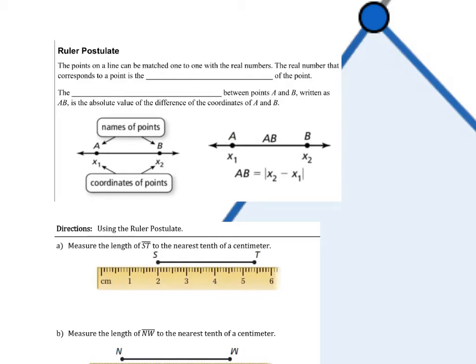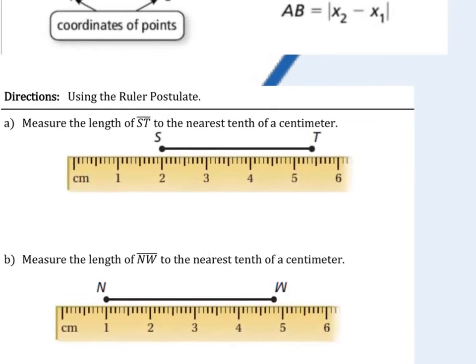Let's look down here at this example. If we have 2 points, and this point is at 5.5, we'll round it off there, that's at about 5.5, and this little one's at 2, centimeters, actually, it looks like. So what is the distance between those two points?